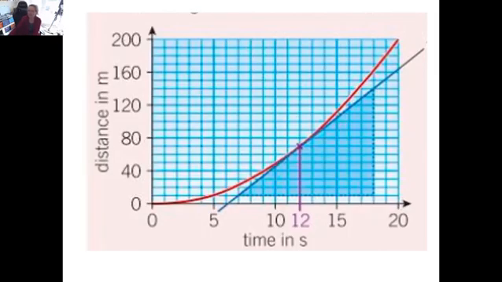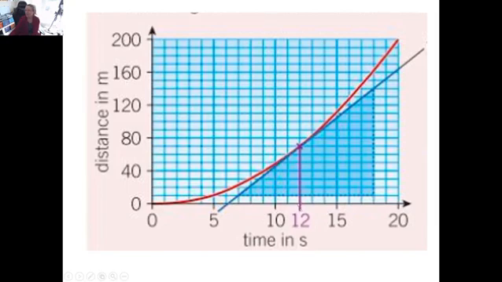Now, I've taken this example straight out of the textbook, so you can see here the object, which is the red line, is moving with this acceleration, and you are asked to find the speed at 12 seconds after it started moving.